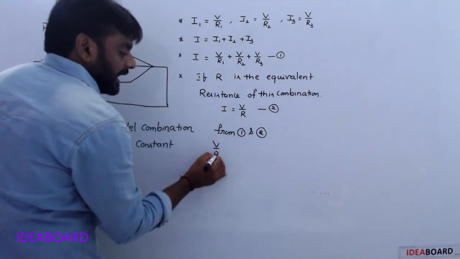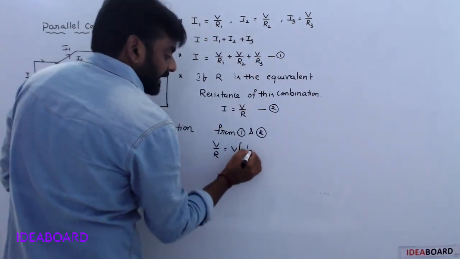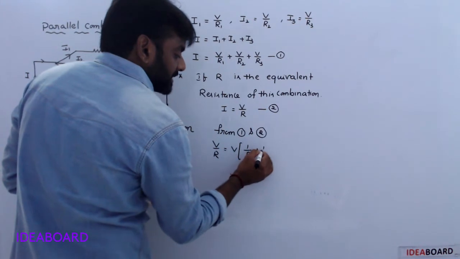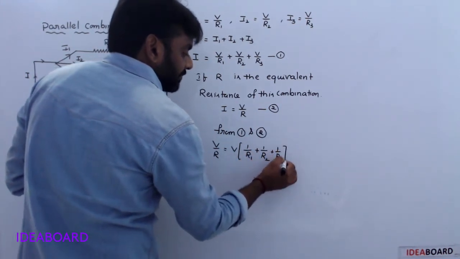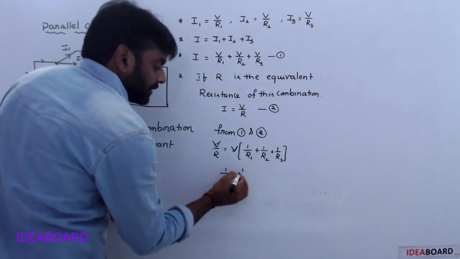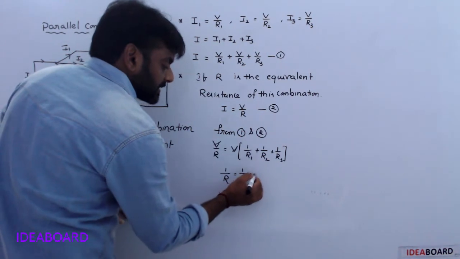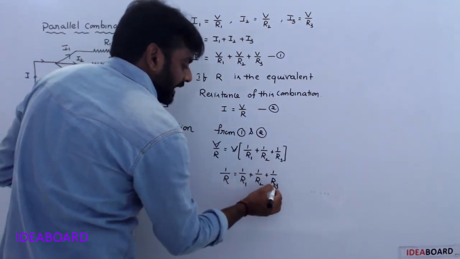From 1 and 2, V by R is equal to V times 1 by R1 plus 1 by R2 plus 1 by R3. V cancels. 1 by R is equal to 1 by R1 plus 1 by R2 plus 1 by R3.